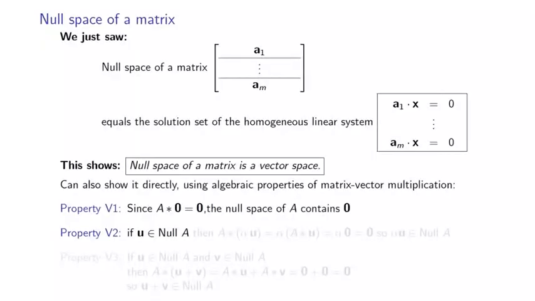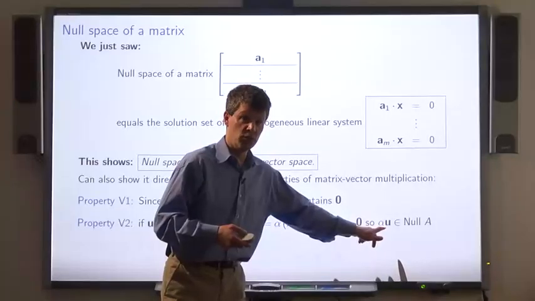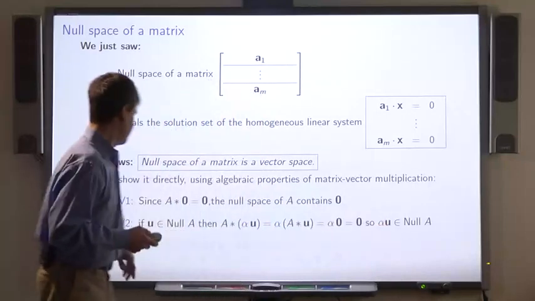Now for property V2. If U is in the null space, then for any scalar alpha, A times the scalar alpha times U equals alpha times A times the vector. A times the vector is the zero vector. So this is alpha times the zero vector, which is 0, which shows that alpha U is also in the null space.